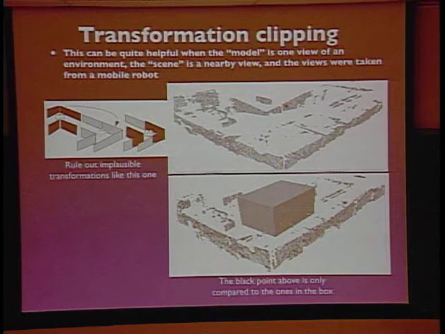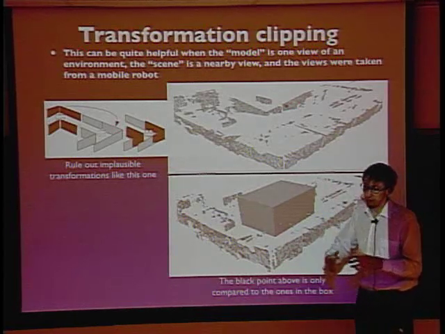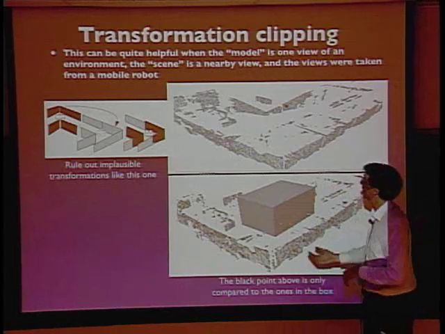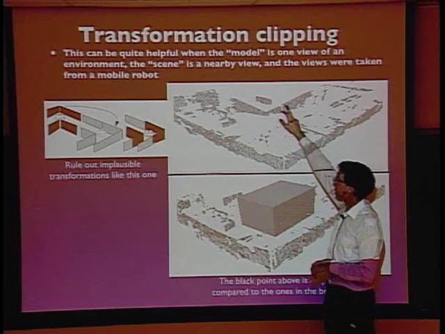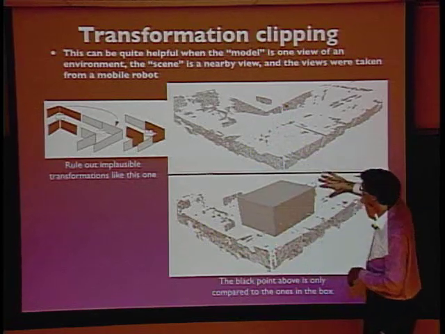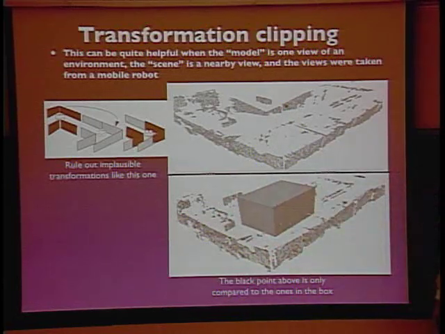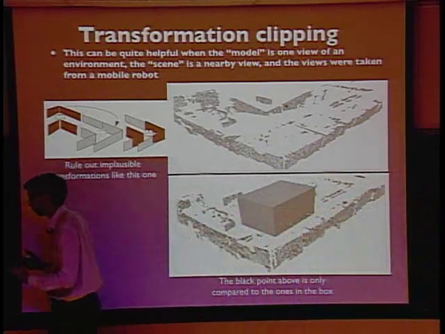And this is just an example of this in a larger scene where we put limits on the amount that we think that our mobile robot moved in between scans. And so when we're trying to find a match for this point here in this data set, instead of trying to find matches throughout the entirety of the data set, we only have to look for the ones that are inside that box, which is a lot less than the total number of points.